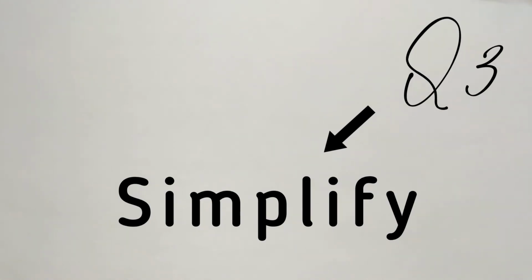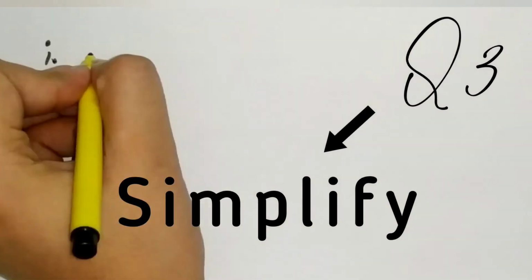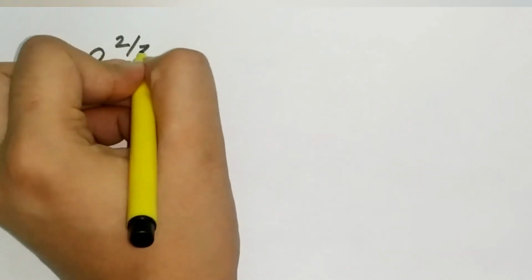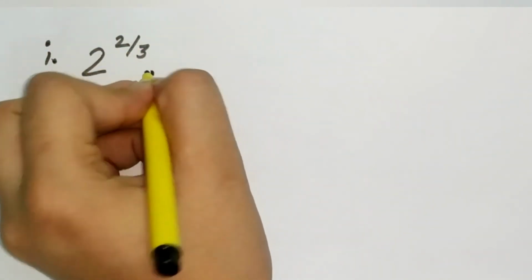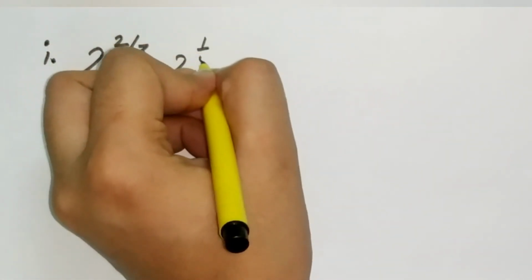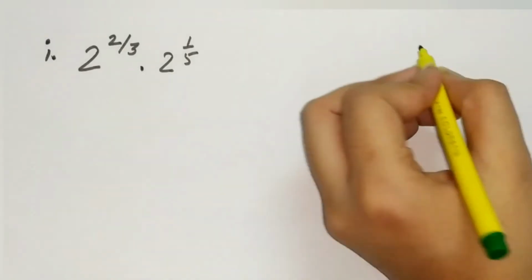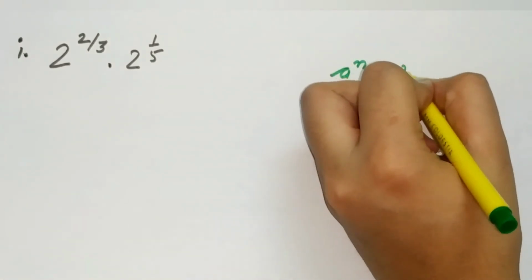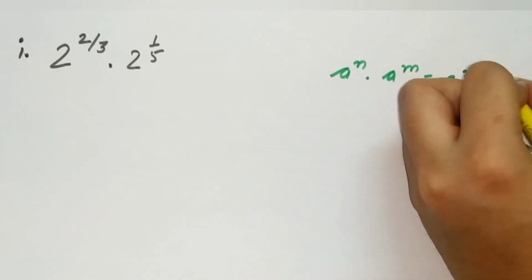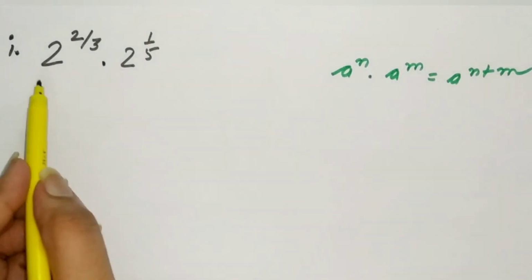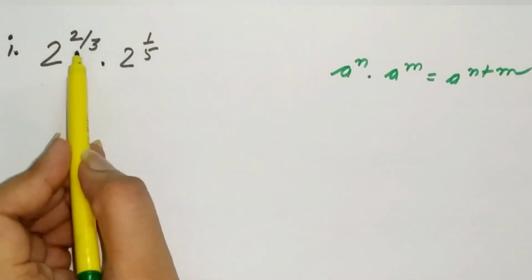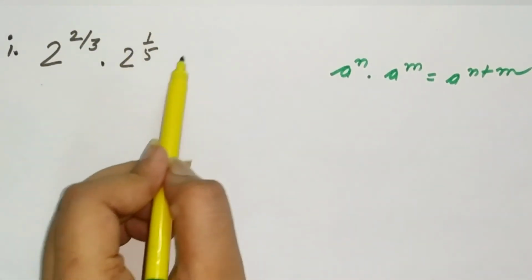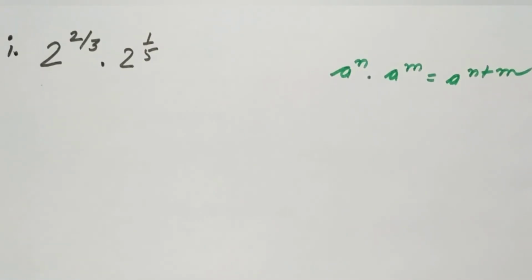In question 3, we have to simplify the expressions. First expression is 2 raised to the power 2 by 3 multiply 2 raised to the power 1 by 5. Use law of exponent. Since base are same, so we will add the powers.